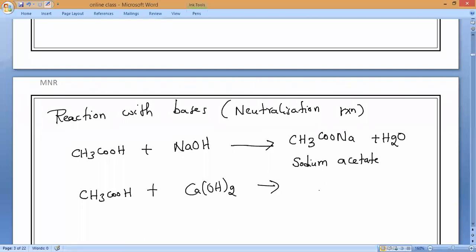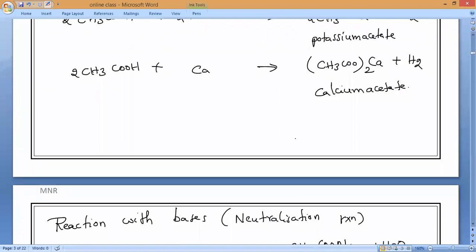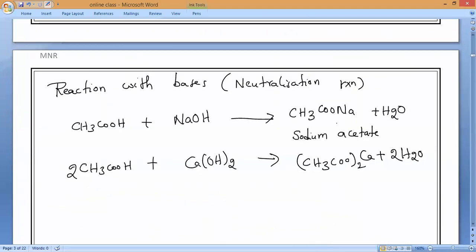So what is the product that will come? Calcium acetate will come. So (CH3COO)2Ca plus H2O, water. Balance it fast and do it, everybody. Before writing the equation, you have to balance it. Any doubt, ask me.